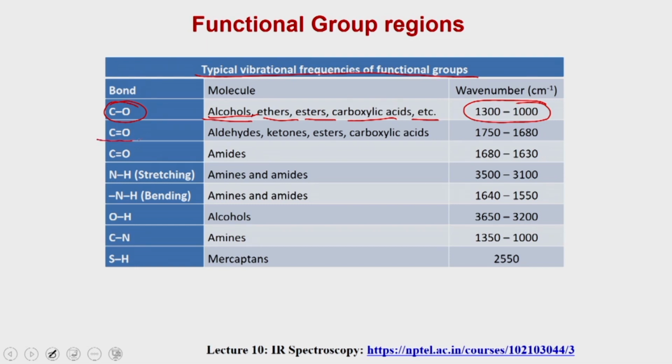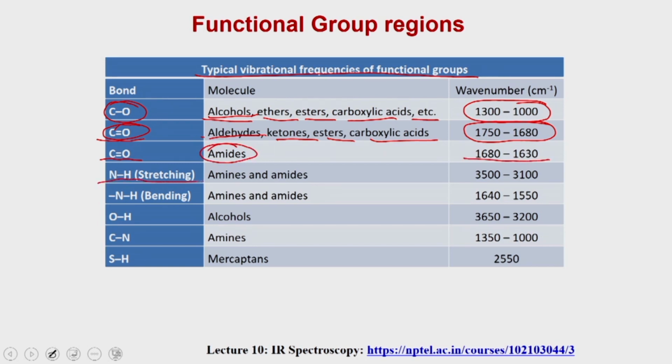Then you have the C=O, the carbonyl bond, present in aldehydes, ketones, esters and carboxylic acids, and that absorbs in the range of 1750 to 1680. Then the carbonyl bond present in amides absorbs between 1680 and 1630.